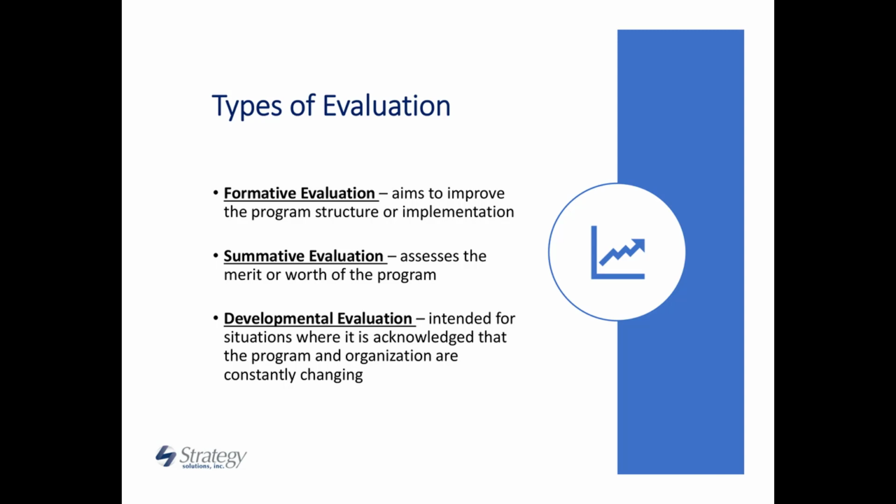And then there's a developmental evaluation that's intended for programs that are being changed as you work on them, because they are things that you really want to make sure perform well, but you're kind of building the plane as you're flying it.